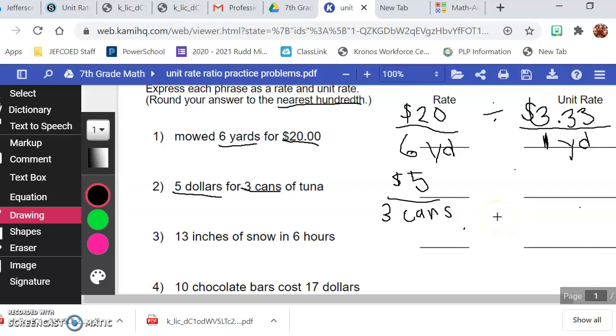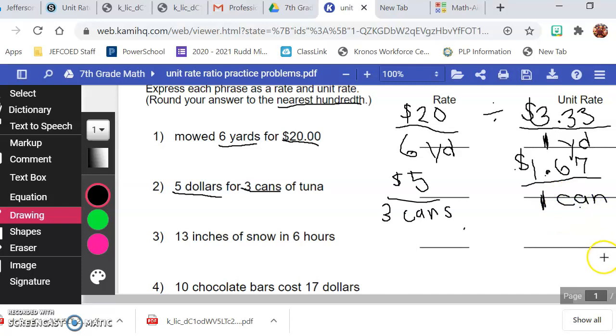So 5 divided by 3 gets you 1.66666 repeating. But remember, we need to round to the nearest hundredth, so we're going to round up to 7. So $1.67 is the unit rate. So remember, 1's going to be our denominator, per 1 can.